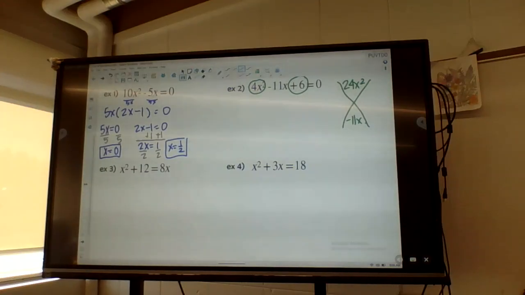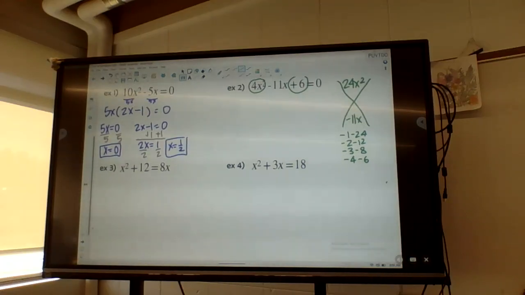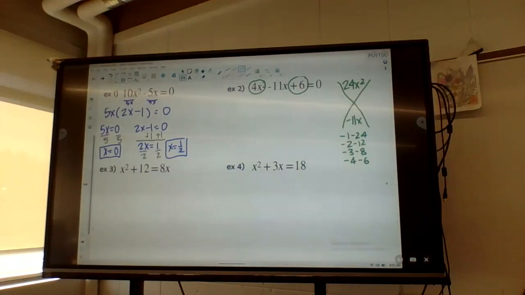Now, since that's a positive number we're multiplying to get and a negative we're adding, we want them both to be negative. And so I'm going to start my little list here. And if you check, -3 and -8, if I add them together, they give me a -11. So I'm going to do a -3x, a -8x.